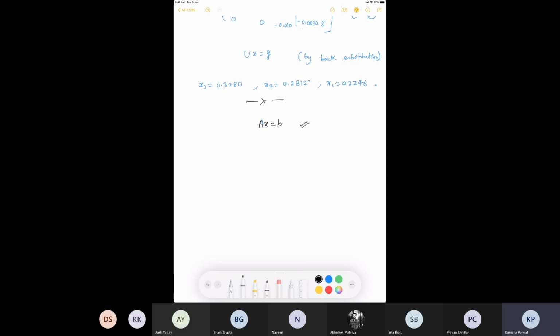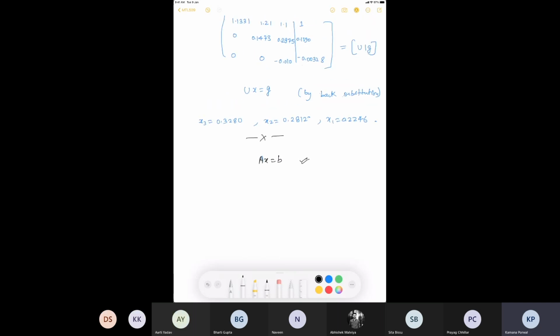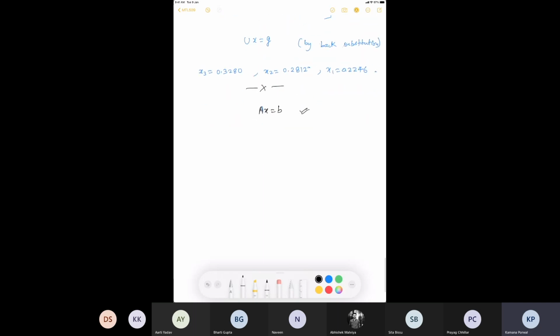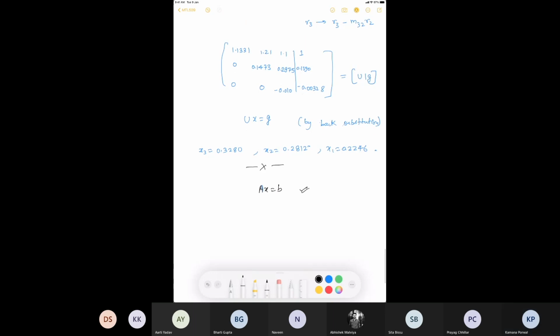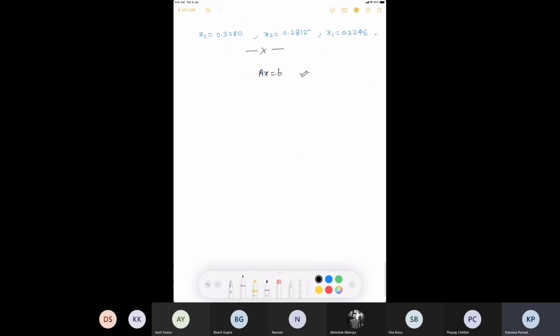As we have already seen that once we have the upper triangular matrix, we can easily solve the system Ux is equal to G, right? So what are the other matrices we can have? The simplest one which we can have is the diagonal matrices. So let's see some classes of the matrices for which we can easily solve the system.